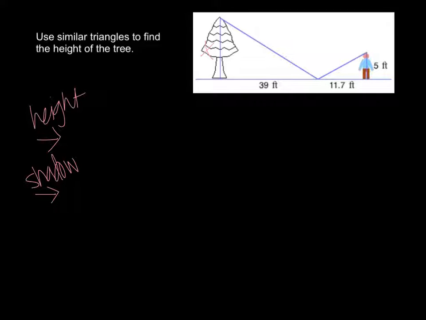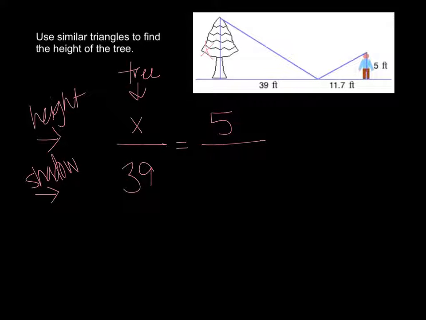The height of the tree is what we don't know, but we do know its shadow is 39 feet. And then that's going to be proportionate to the height of the person, 5 feet. The shadow is 11 7/10.